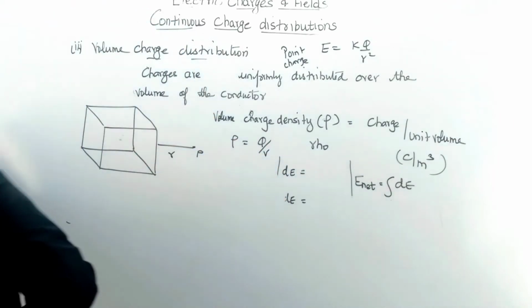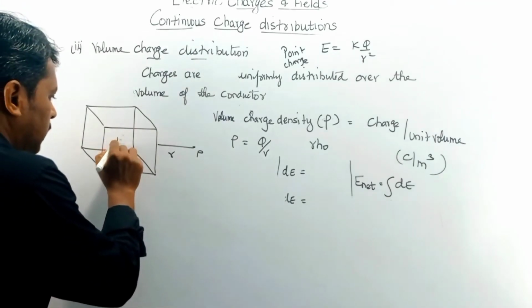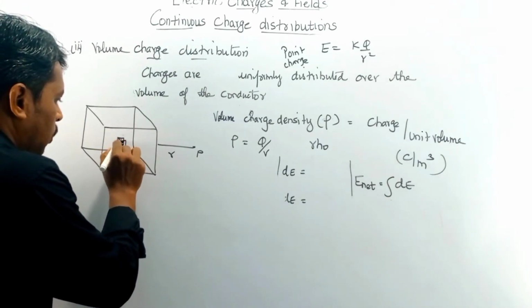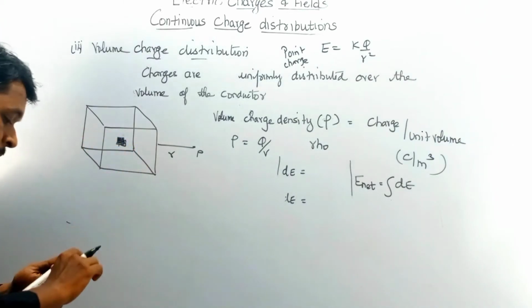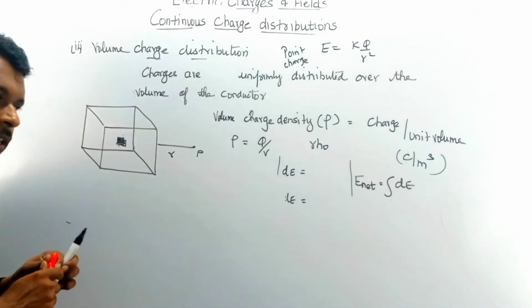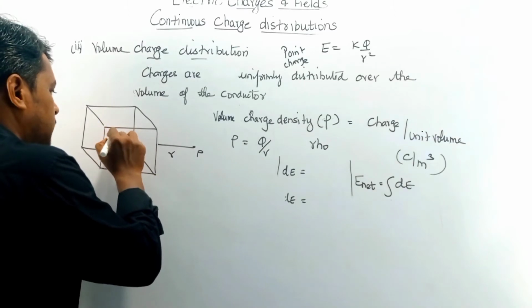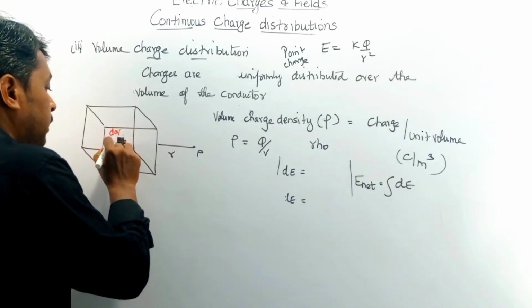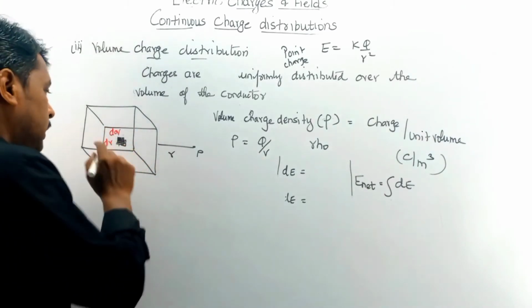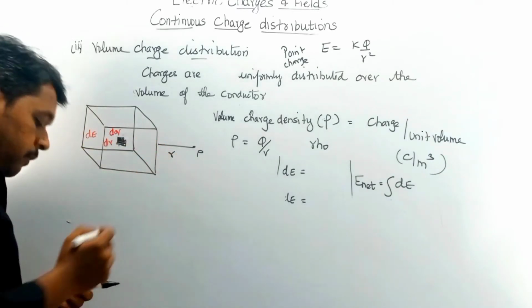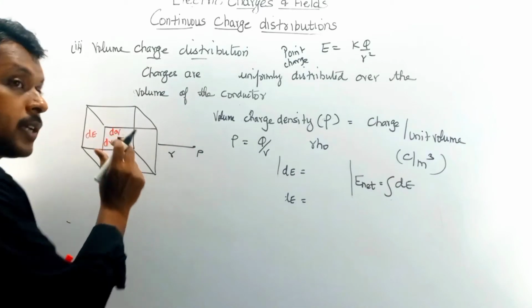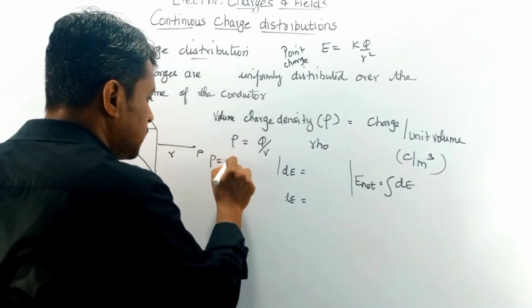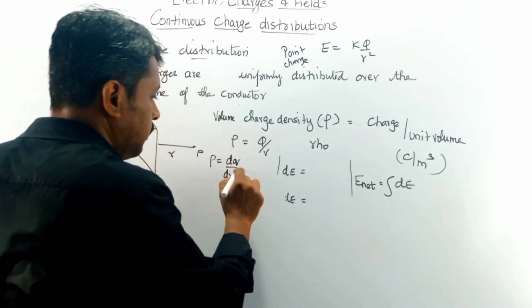Here also let us consider a very small piece of element like this. The charge here, let us take it as dq, the small element is dV with respect to volume, and the electric field is dE. For this small charge arrangement, rho can be written as dq by dV.